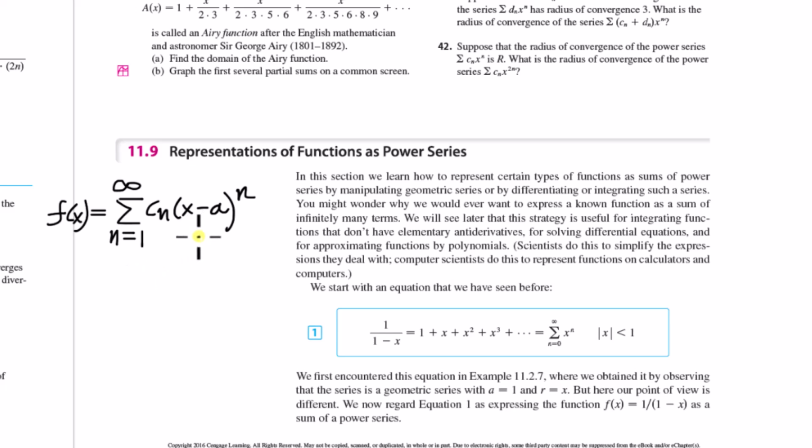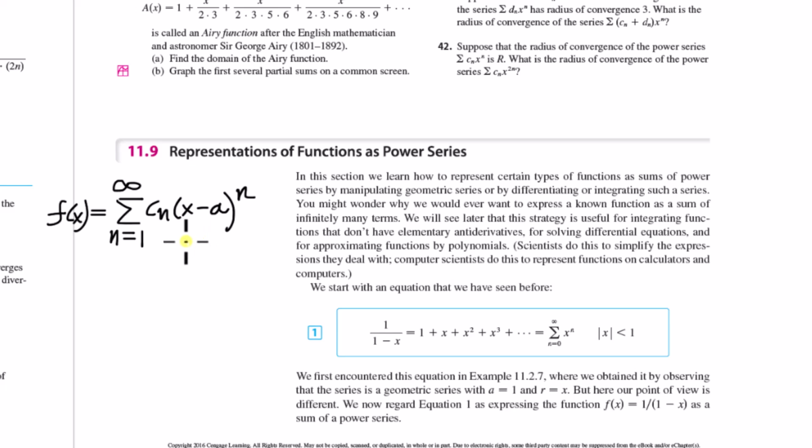It's very close in the sense that every power series is going to have a common ratio, because this x minus a has no n. There's not a function of n in here. You pick an x and you have a constant in here. So every single power series has a common ratio.